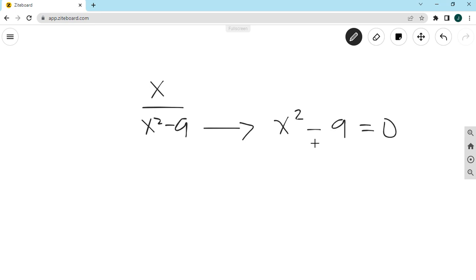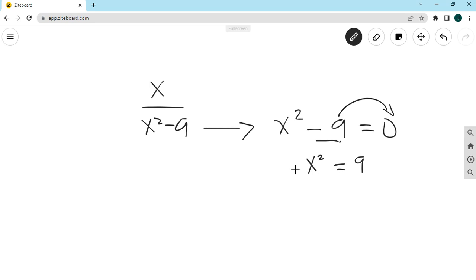Ang gagawin natin na susunod ay ilipat natin or i-transpose natin si negative 9 sa right side. So, we have here x squared equal to, anong mangyayari? Magiging positive 9 siya. Remember, kapag nagtatranspose tayo, mag-change ang sign ng transpose natin. So, in this case, we have negative 9. Okay, i-transpose natin to the right side or ilipat natin siya to the other side and magiging 9.